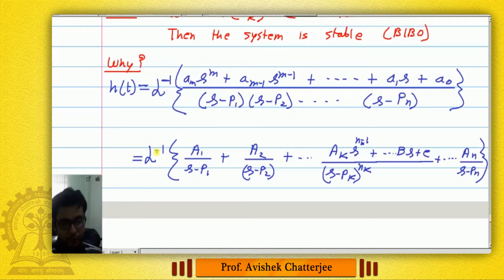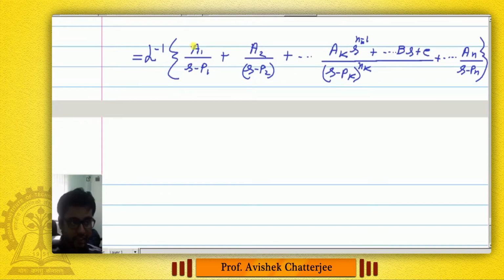Then if you calculate the Laplace inverse, what will you get? This first term will give you a1 multiplied by e to the power p1 t u(t). Then the next term will give you a2 e to the power p2 t u(t), and so on.